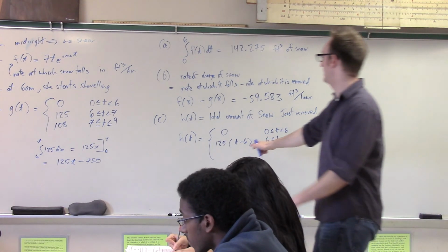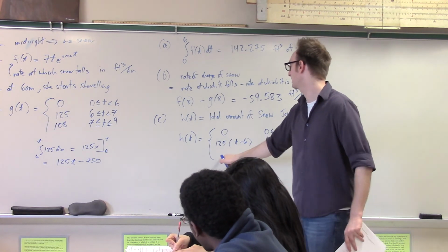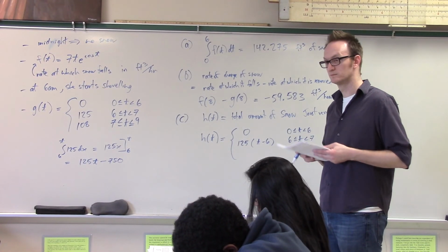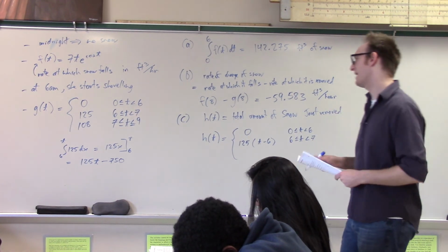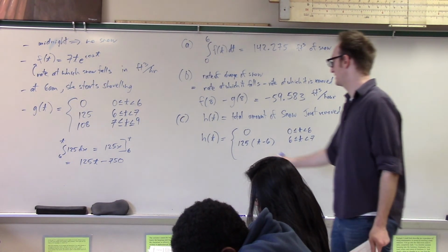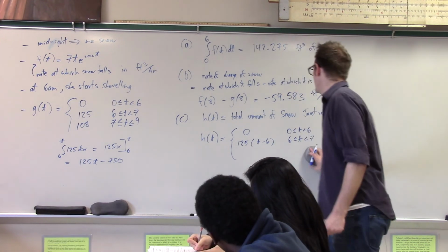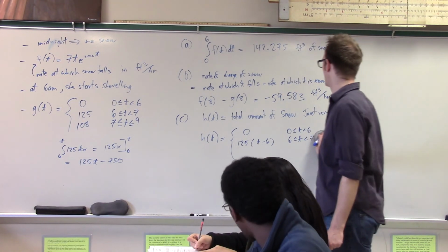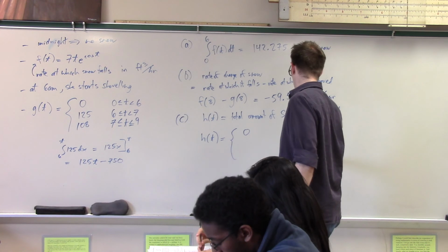Okay, the next one here, what's this going to be? Is it 108 times (t minus 7)? Yeah, but we have to be a little bit careful. Maybe it's worth writing what Melnichuk said, and then we'll do a final answer.